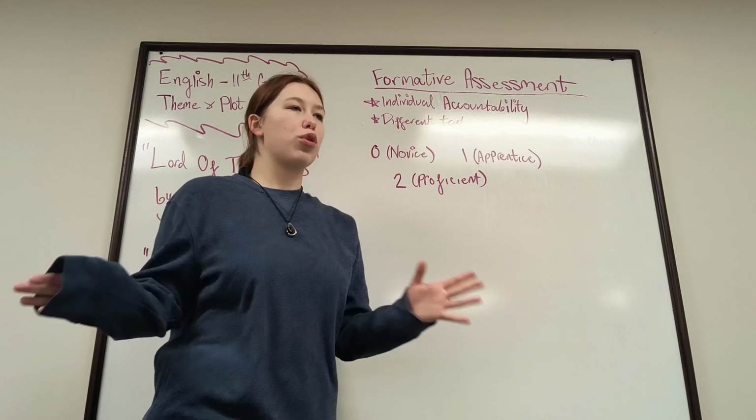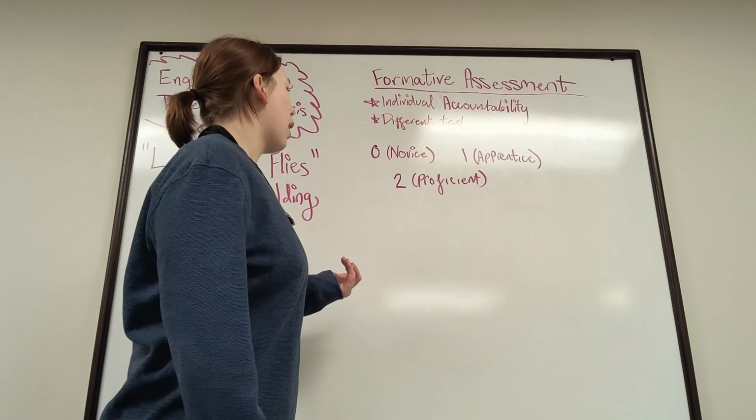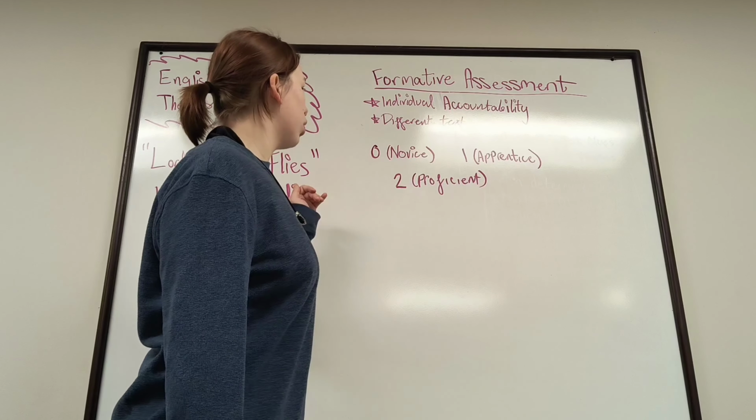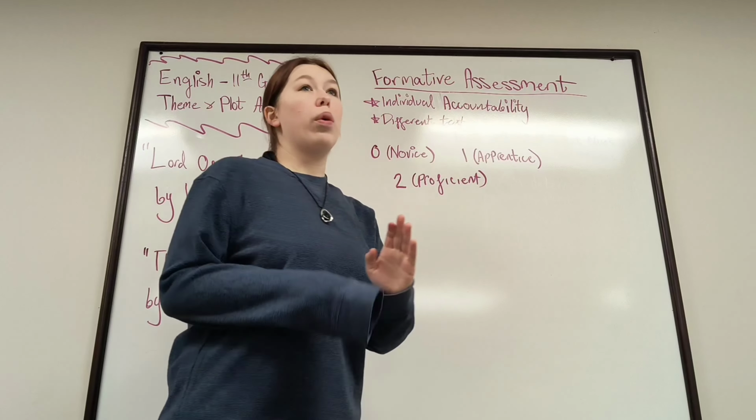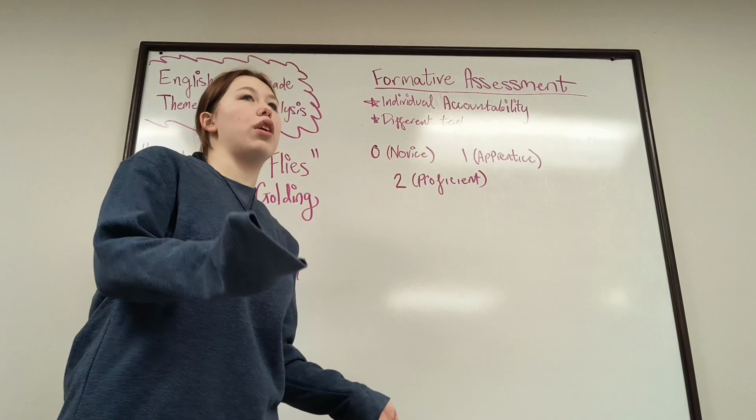So what do we do with this information? Well, that depends on how a majority of the class scores. If a majority of students get a 0 or a 1, we will go back over it in whole class instruction.